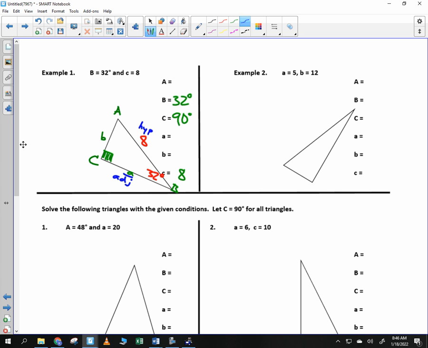Caitlin is using the adjacent and the hypotenuse. SOHCAHTOA. Adjacent and hypotenuse, sine, cosine, or tangent? Cosine. So the cosine of 32 degrees is equal to adjacent, which is A, divided by hypotenuse, which is 8.